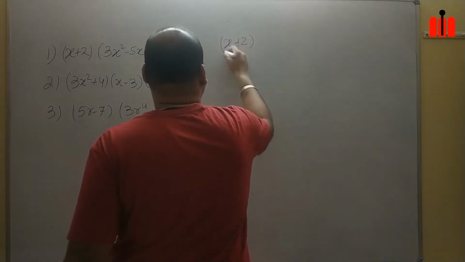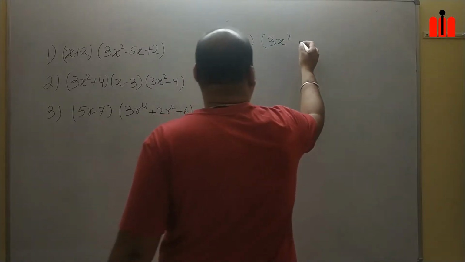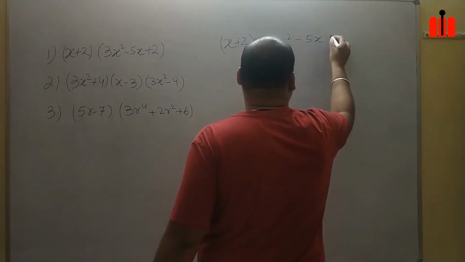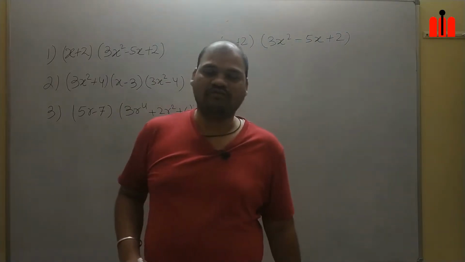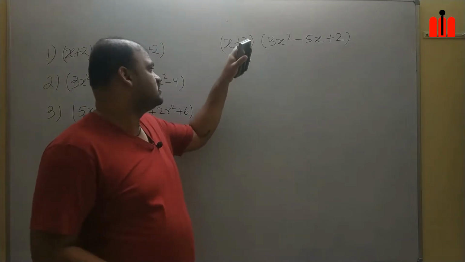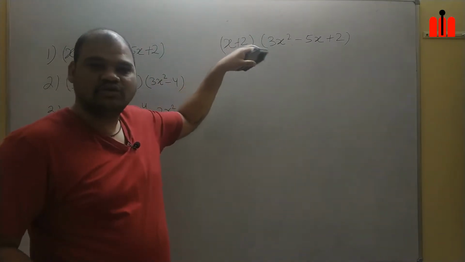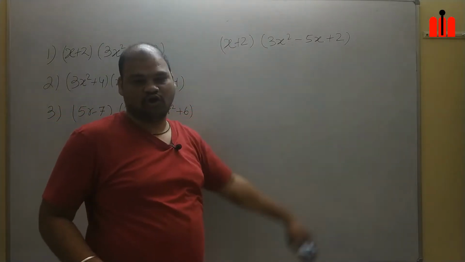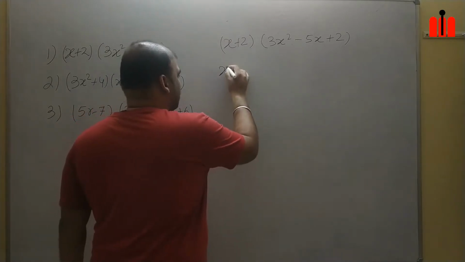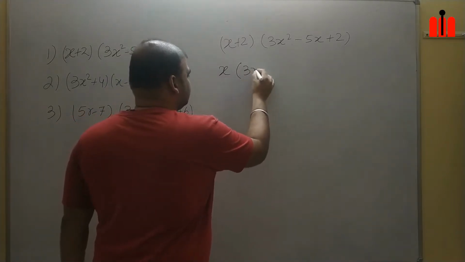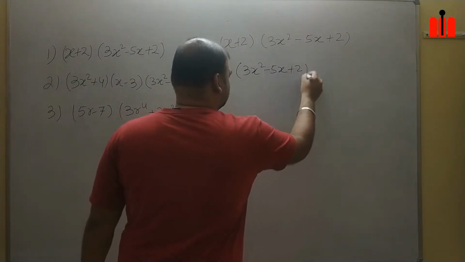x plus 2, 3x square minus 5x plus 2. This is the problem. First we will multiply x with this entire polynomial, after that plus 2 with this entire polynomial. This is how we have to do the multiplication. So first we multiply x with 3x square minus 5x plus 2.